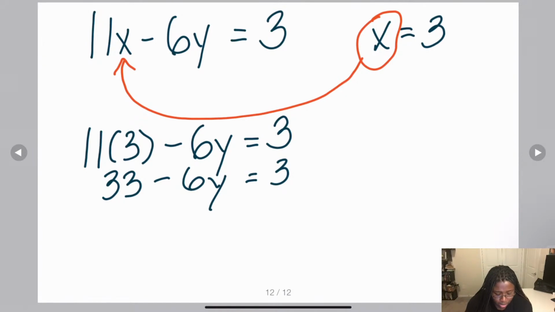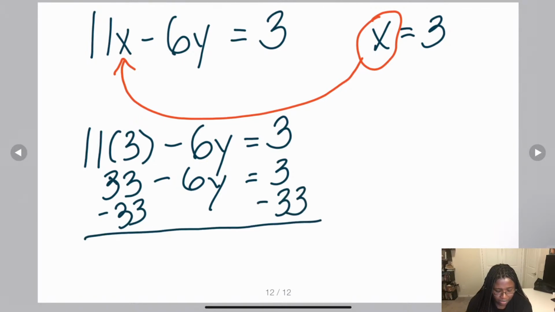Then you're going to subtract 33 from both sides. So minus 33, minus 33. And -6y is now equal to 3 minus 33, which gives you -30.